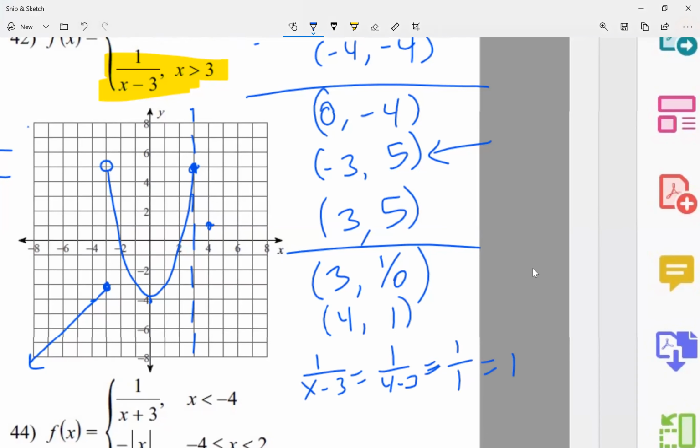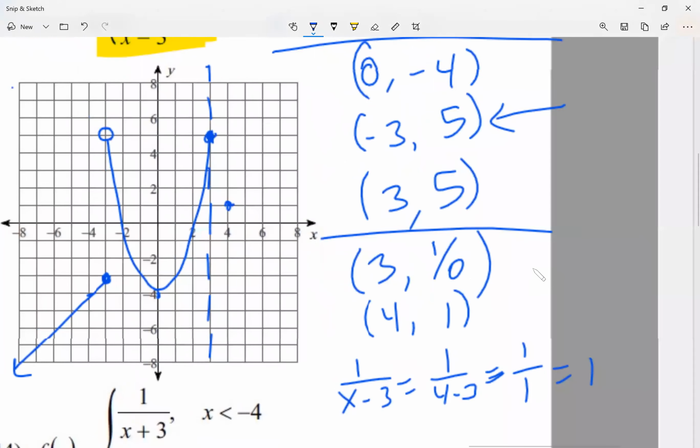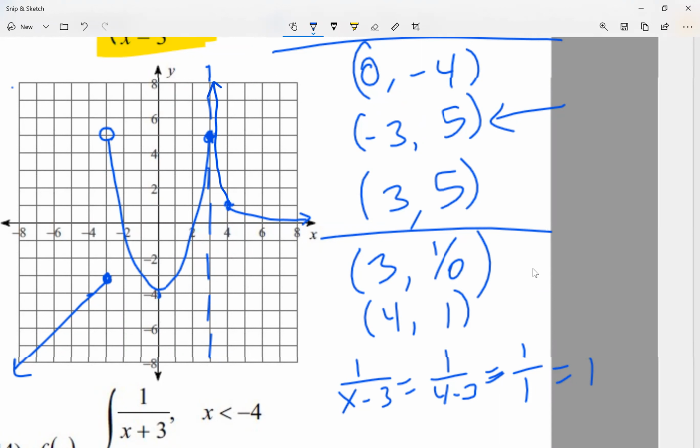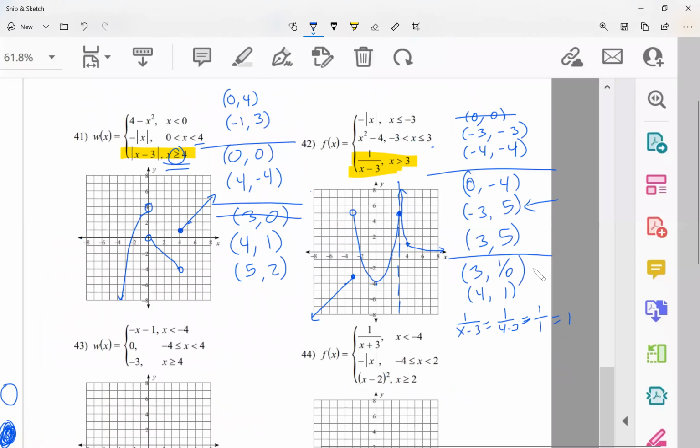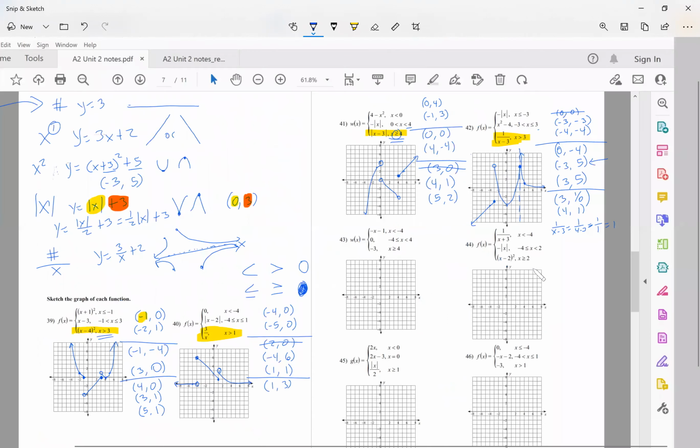Now, it's trying to approach the x-axis. Because I have the undefined line, it's also trying to approach the undefined line. So it'll look something like that. Gotta do this in pieces. That's why we call this a piecewise function.